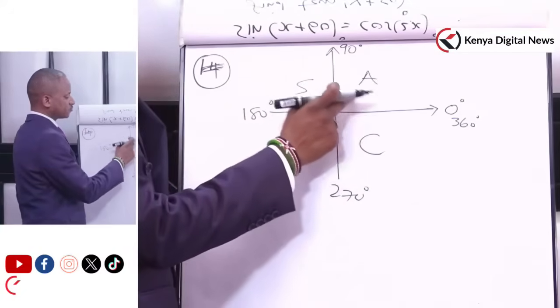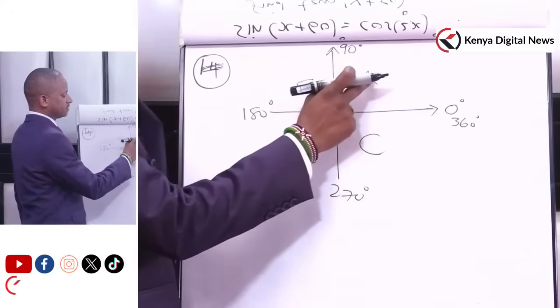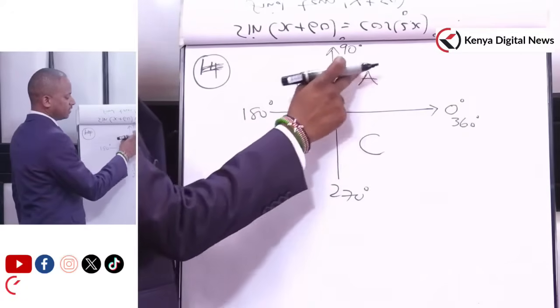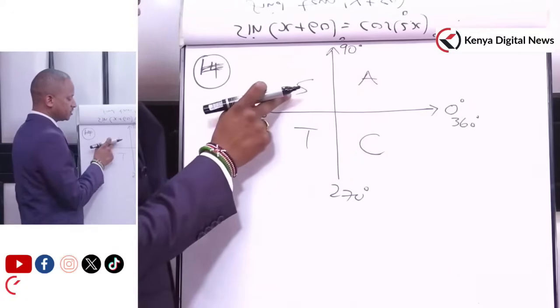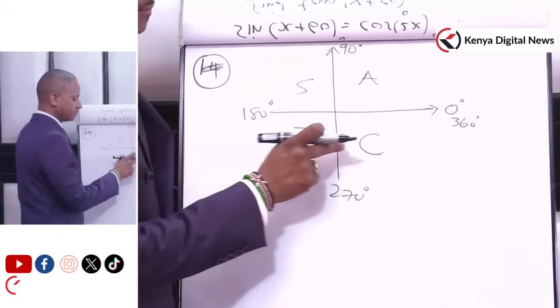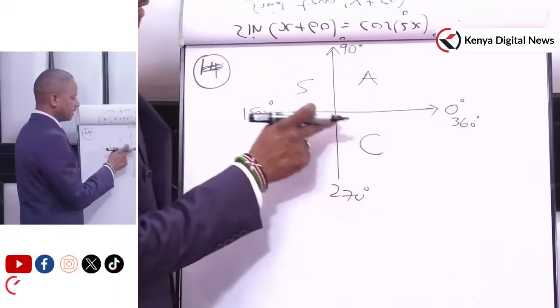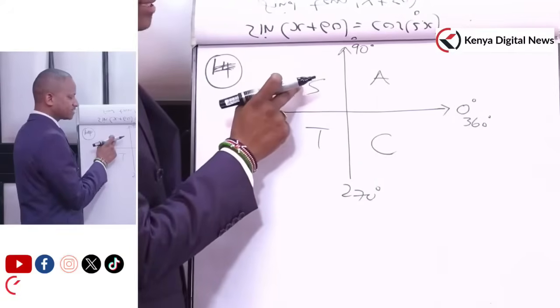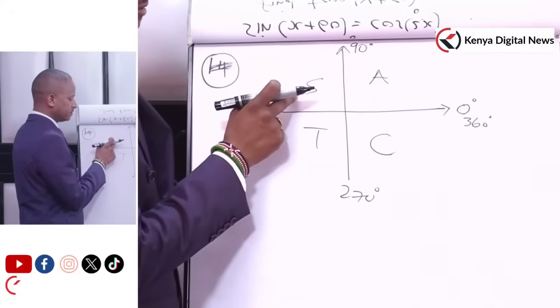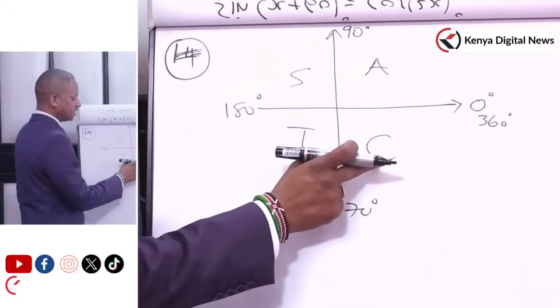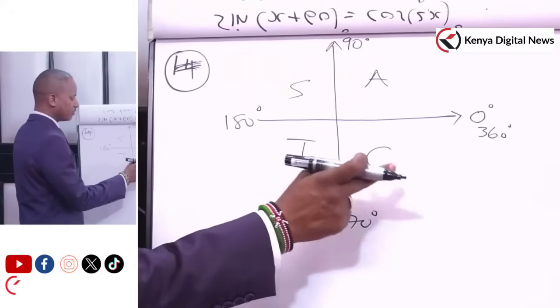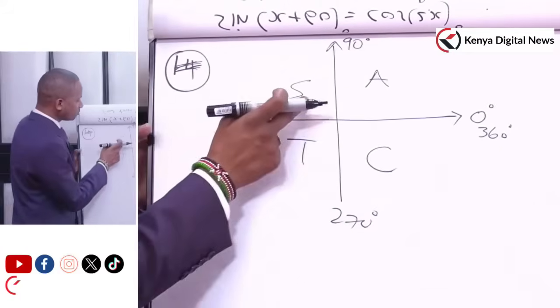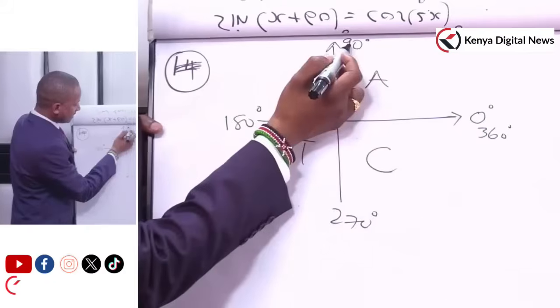It falls in the first quadrant. In this first quadrant, sine is positive, tan is positive, cosine is positive. In this second quadrant, only sine is positive, but tan and cosine are negative.